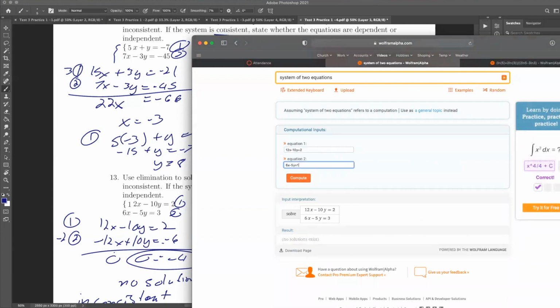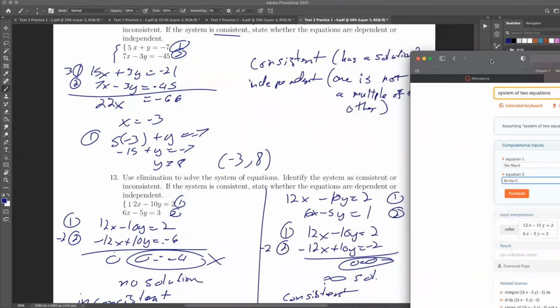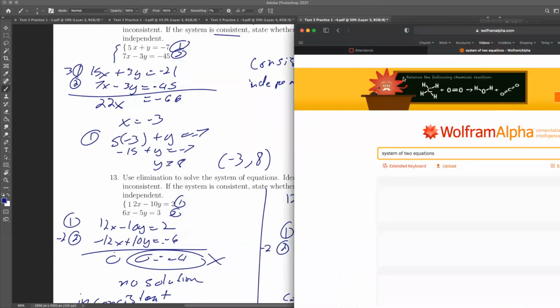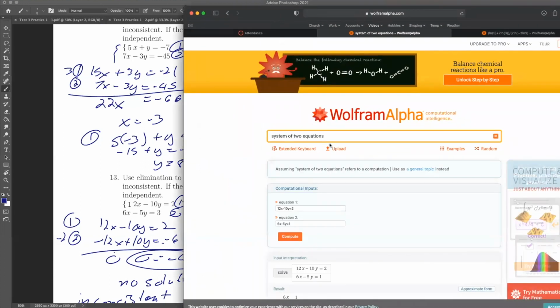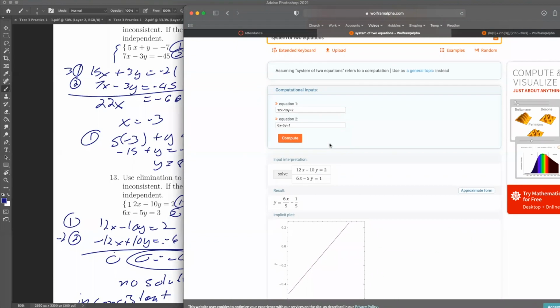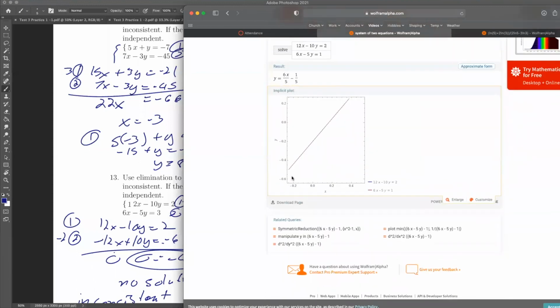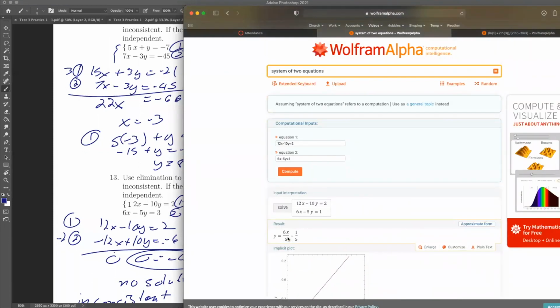And if I make this equal to 1, which is our other option right here, hit compute. And we get our result of y equals this, right? Here's our infinite solution. It's just in the form of x, and then y is equal to that. Okay, so anything along this line solves.